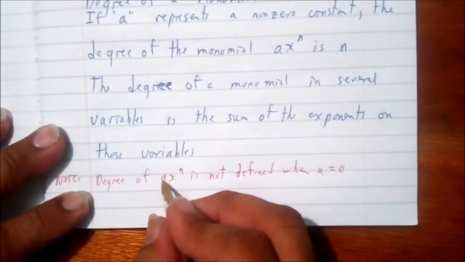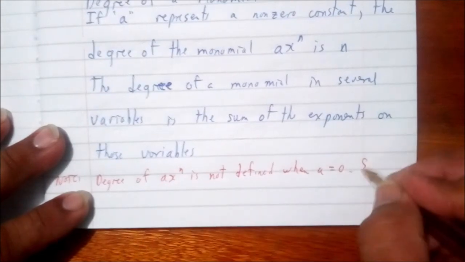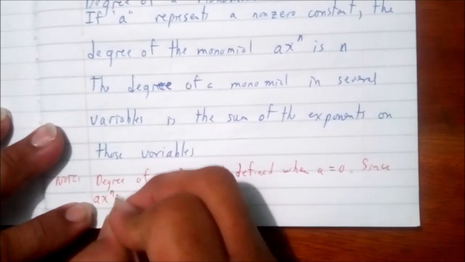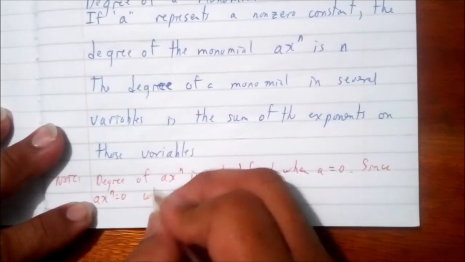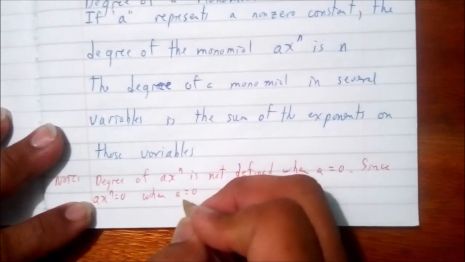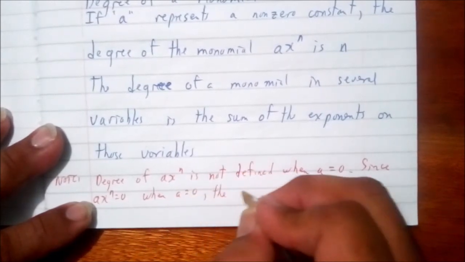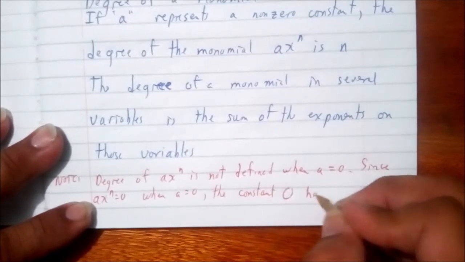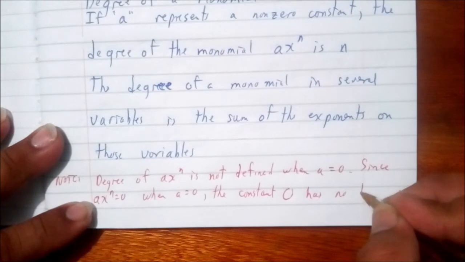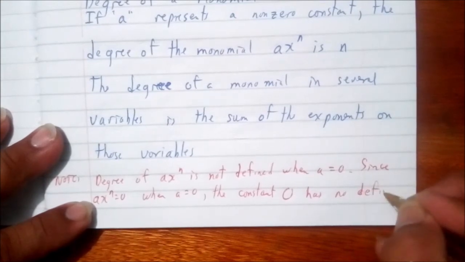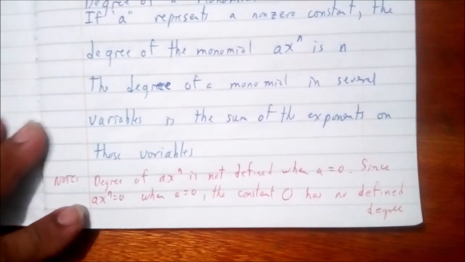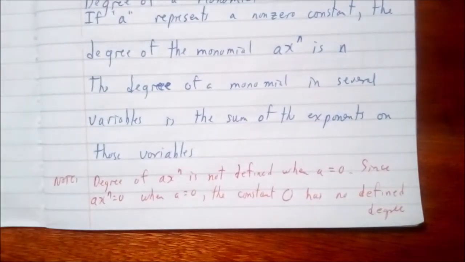If this was a 0, it's not defined, since ax to the n would then be 0 when a equals 0. The constant 0 has no defined degree.